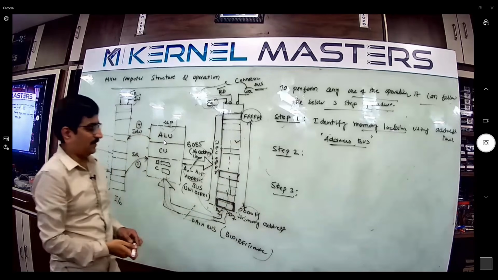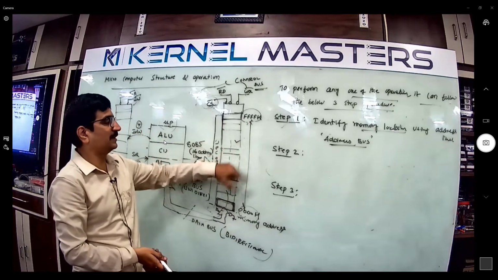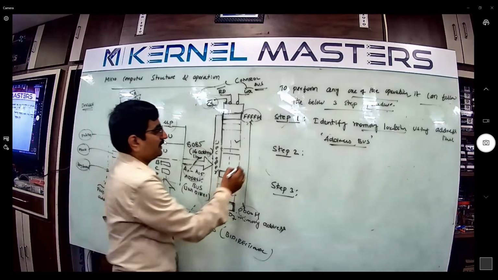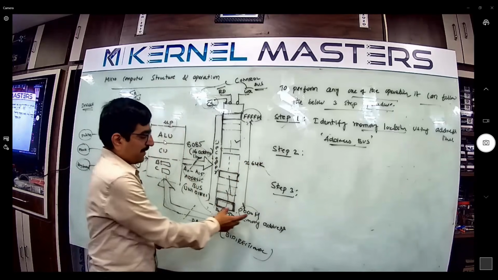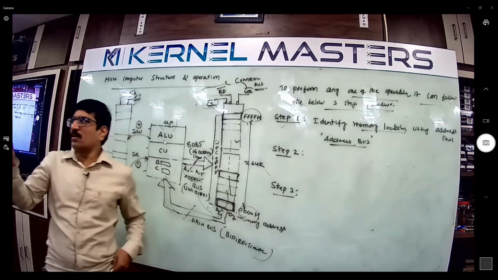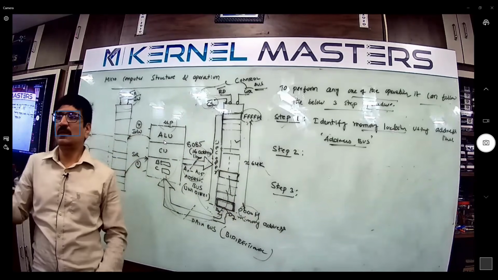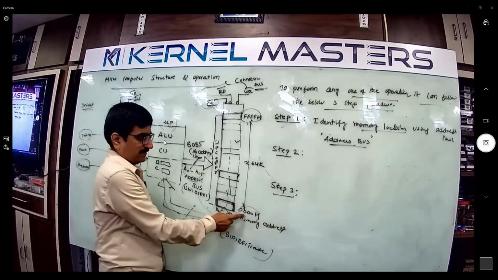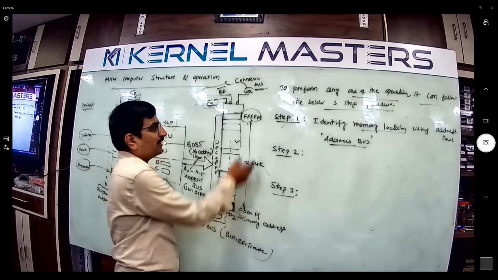Approximately we can call this 64 kilobytes. The memory range of 64K in decimal is 0 to 65,535, and the hexadecimal representation is 0000H to FFFFH.